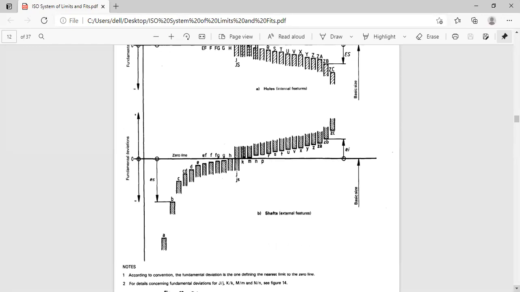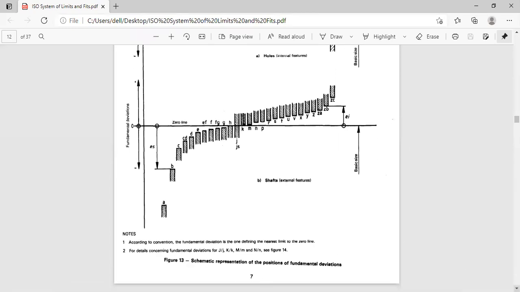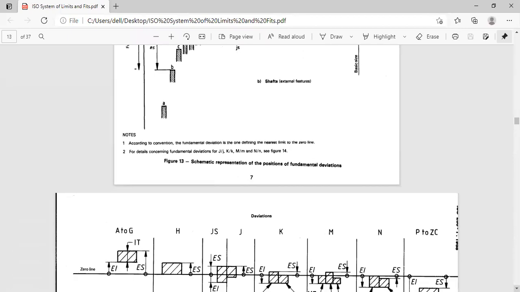That is very important. Small ei is the lower deviation for the shaft, and small es is the upper deviation for the shaft. So what is tolerance? Small es minus small ei. That is the basic. So this particular figure represents the schematic or graphical representation of the positions of fundamental deviations.